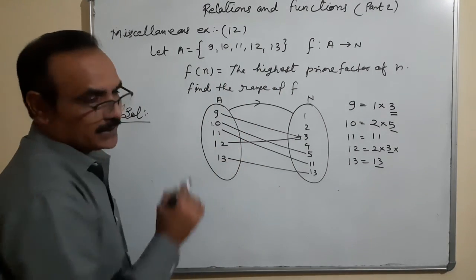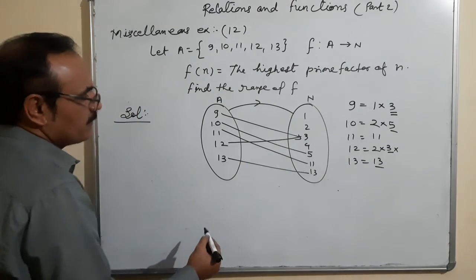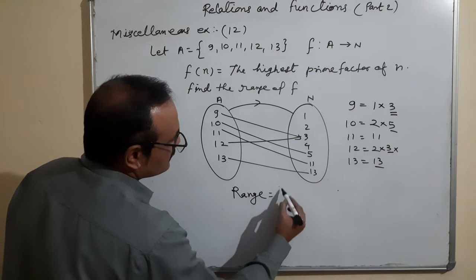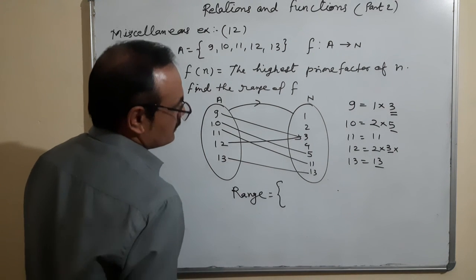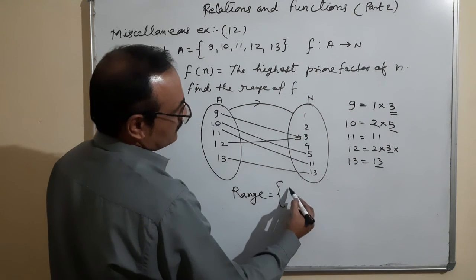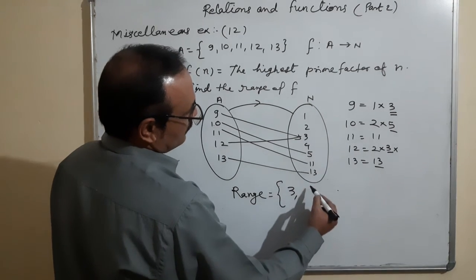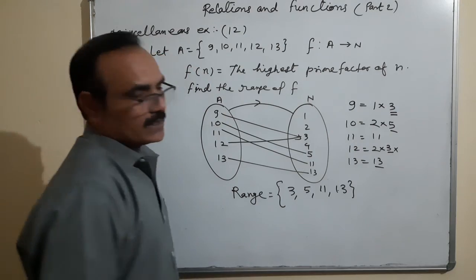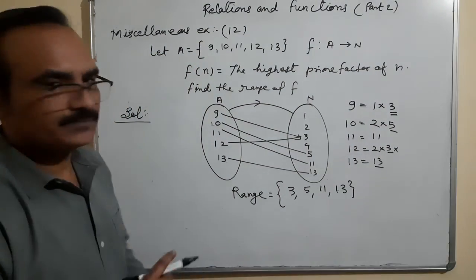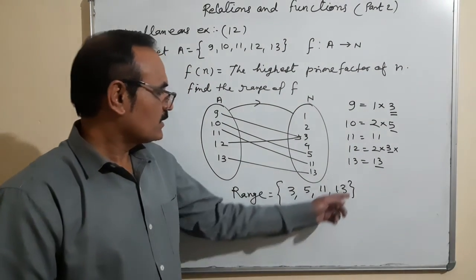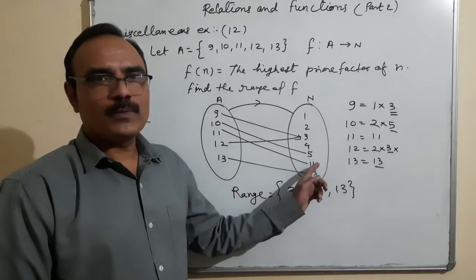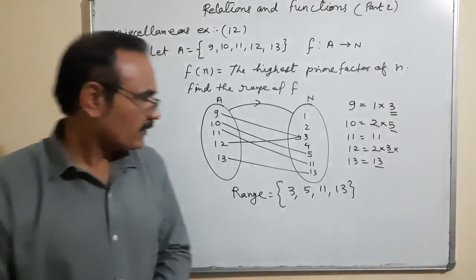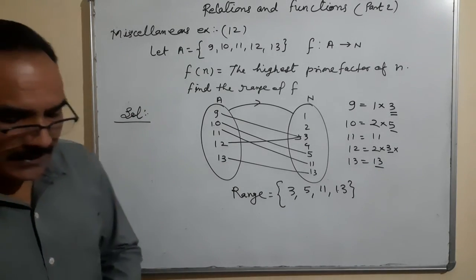So the range of F has the elements 3, 5, 11 and 13. These are the highest prime factors of these. So this is the range. What is the codomain of it? Codomain is the set of natural numbers. So that's all.